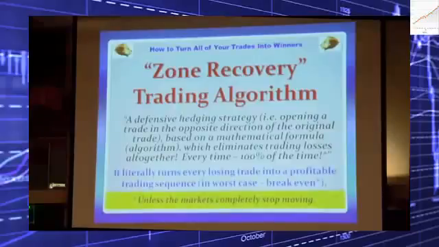What it does is literally turn every losing trade into a profitable trading sequence. In the worst case, break even. Unless, of course, the markets completely stop moving. If the markets were to stop moving and they say, okay, this is it, we have no more trading, everybody go home, then we've got nothing to talk about, right?